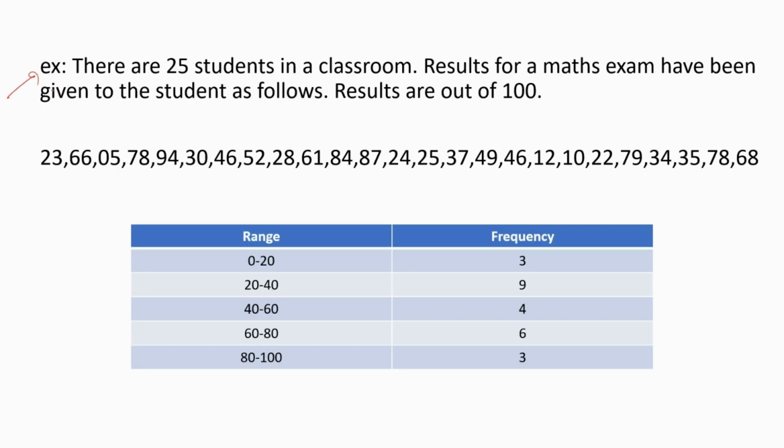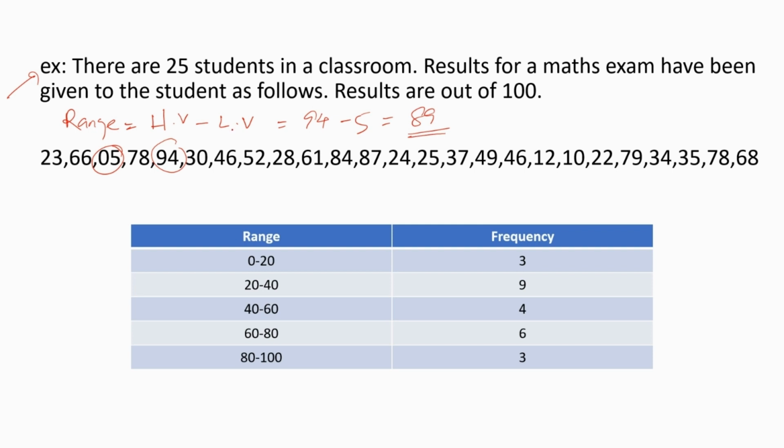This is the same example as before. Now what we have to do is calculate the range. Range is equal to the highest value minus the lowest value. So the highest value of this data set is 94 and the lowest value is 5. So the range is 89.